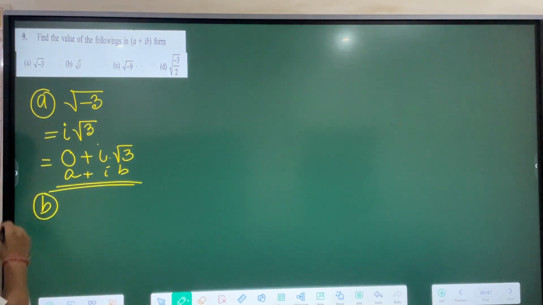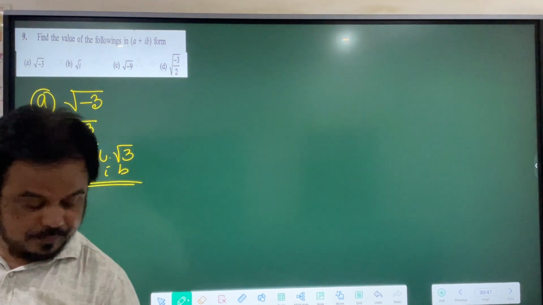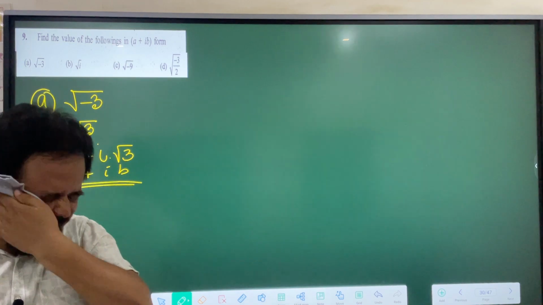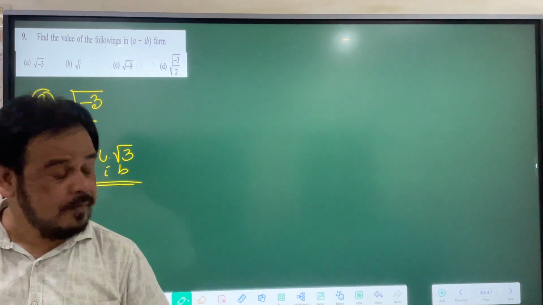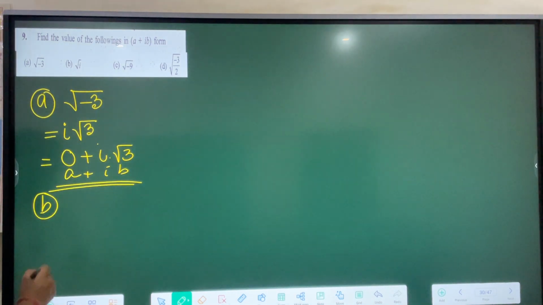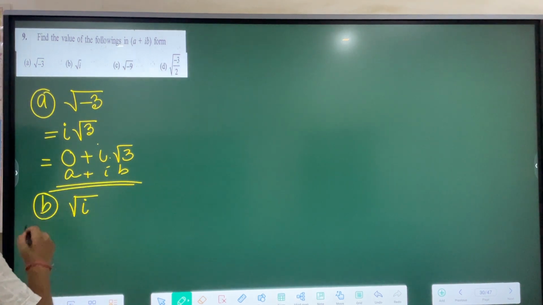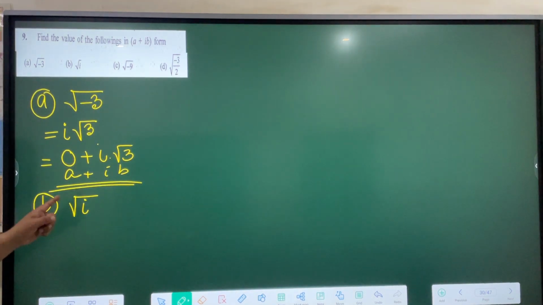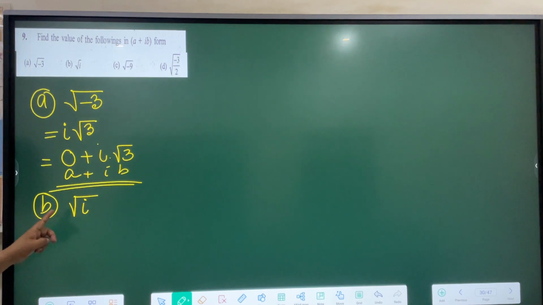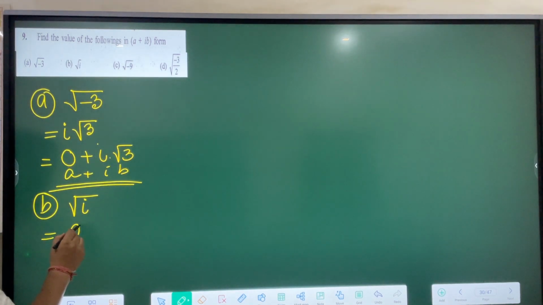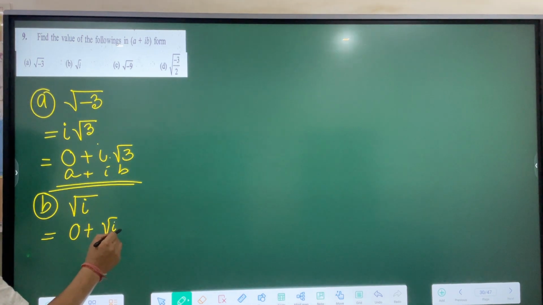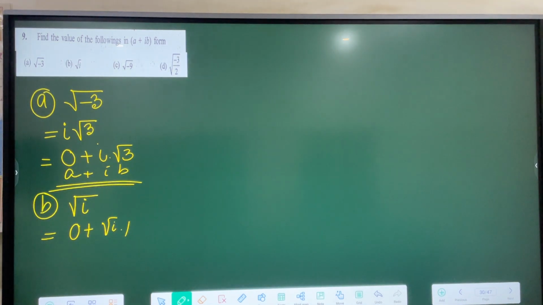Number b. Square root of i. This i is inside the root, so this one we cannot write like this. This is wrong.